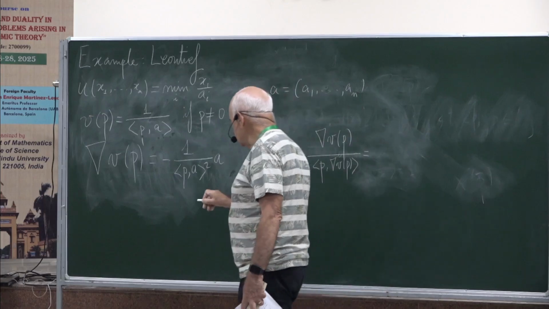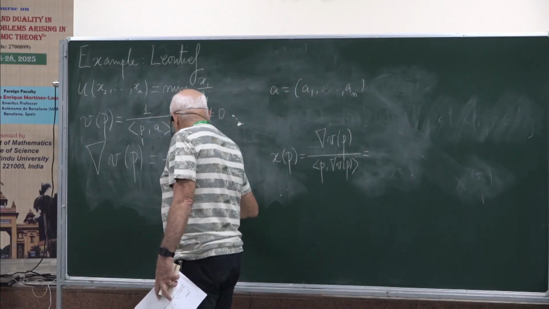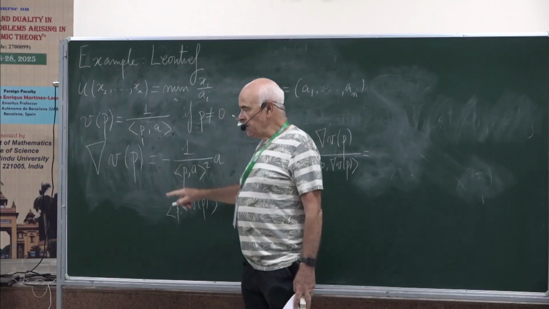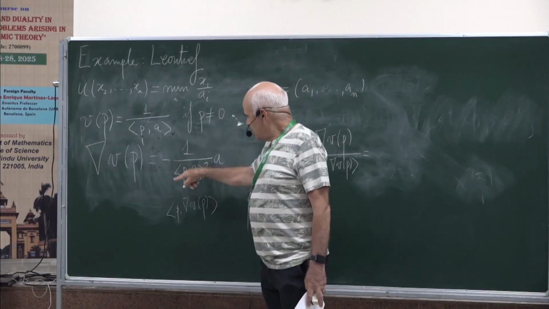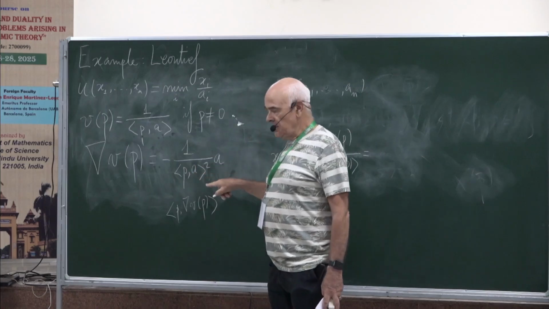Okay, what is P product gradient of V of P? If we make this multiplication in this equality, we get this scalar times PA, which cancels one of the PAs in the denominator.